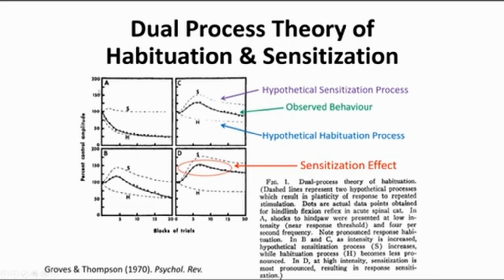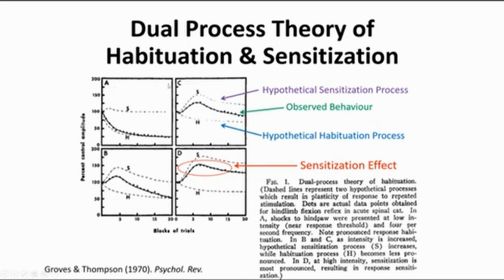And so in A, with very low level shocks, the cats very, very quickly stop responding to them, and we see a net habituation. As the intensity of shocks is increased, they would see more of this sensitization process and a little bit less of this habituation process, and it leads to a net sensitization over time.